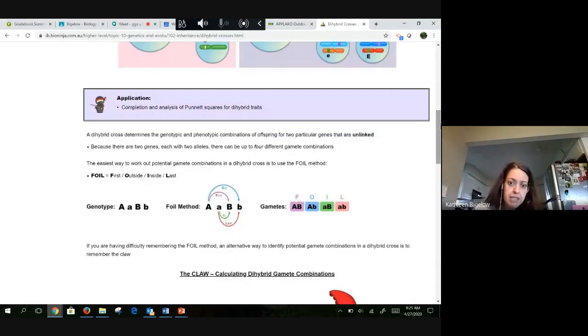So this is basically where you do a FOIL, like you would do in math. This is going to be a 16 box Punnett square. There are going to be 8 alleles in total, 4 from mom, 4 from dad. And the first thing that you need to do is figure out what your alleles are going to be.